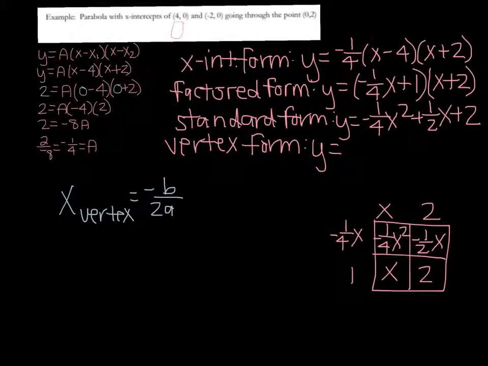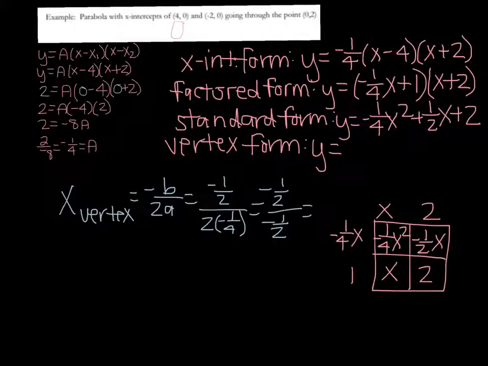Negative b is the same thing as negative 1/2 divided by 2 times negative 1/4, because a is negative 1/4. Well, if we simplify, we get negative 1/2 divided by negative 1/2, which, since it's the same thing in both the numerator and the denominator, just becomes 1. So the x-coordinate of the vertex is positive 1.